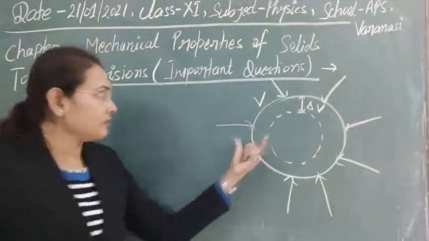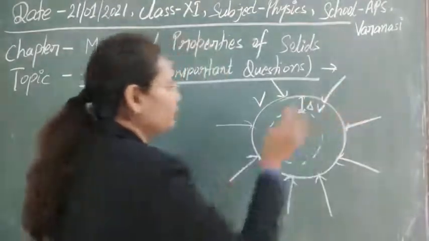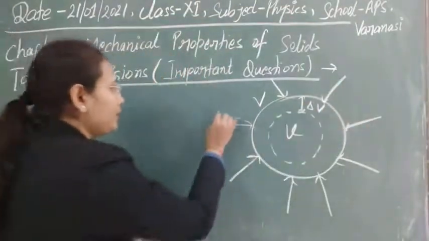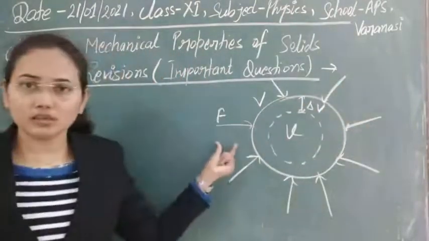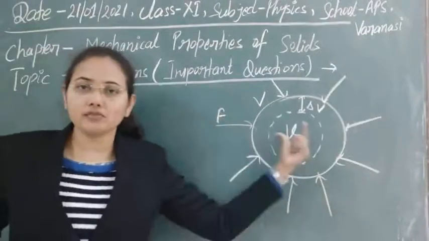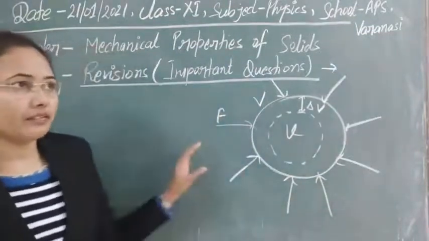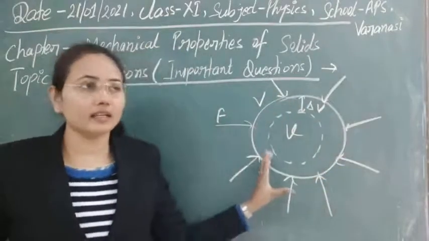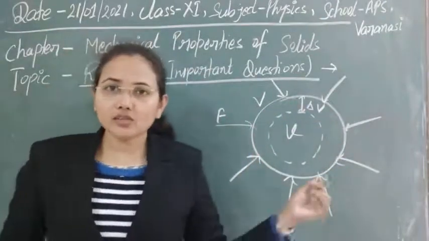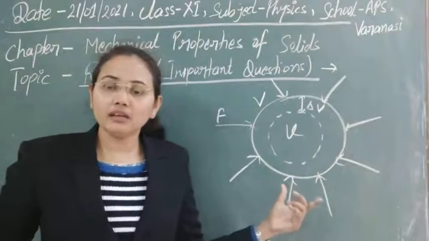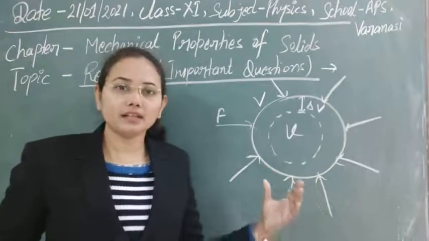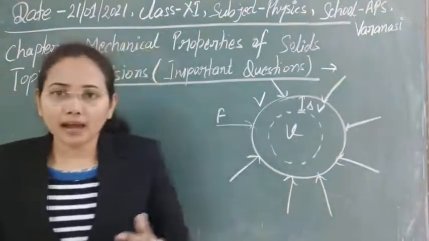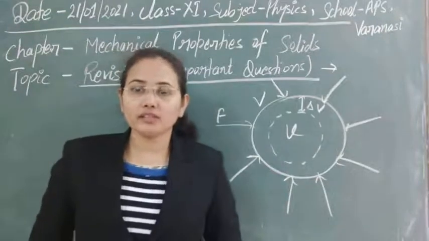And V is the new volume here, and we are applying F, just a normal force, to change its volume. Then we know that whenever such types of forces are working here, the stress that is acting is also normal stress, but still you can categorize it as hydraulic stress or volumetric stress.